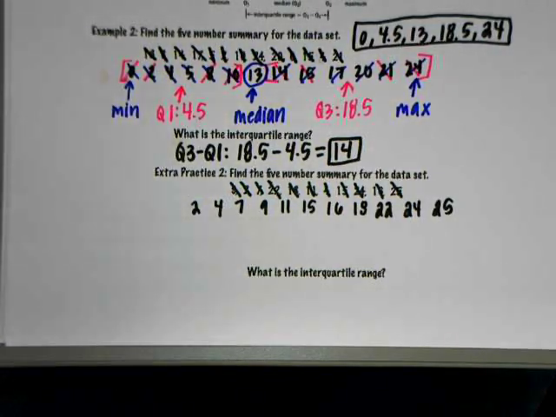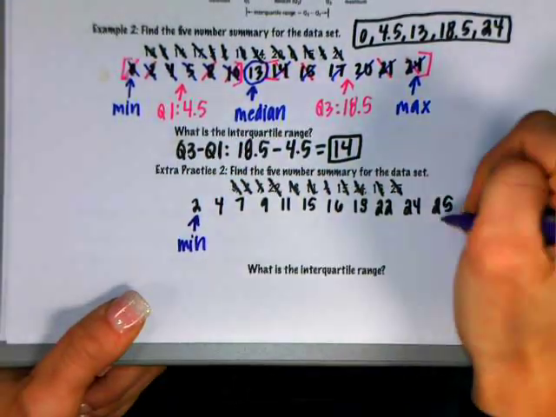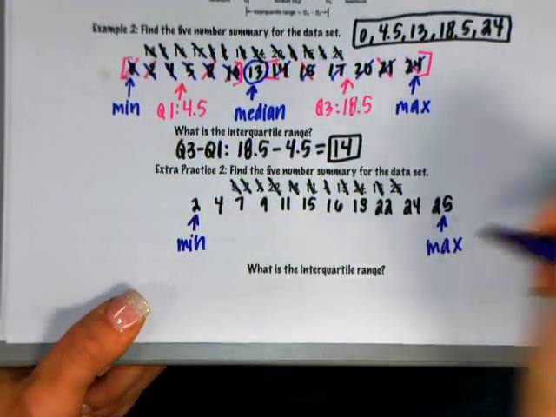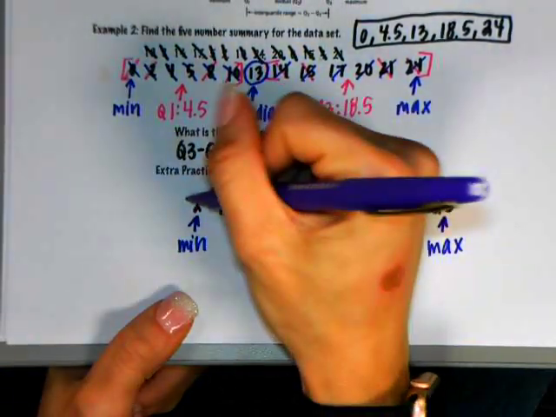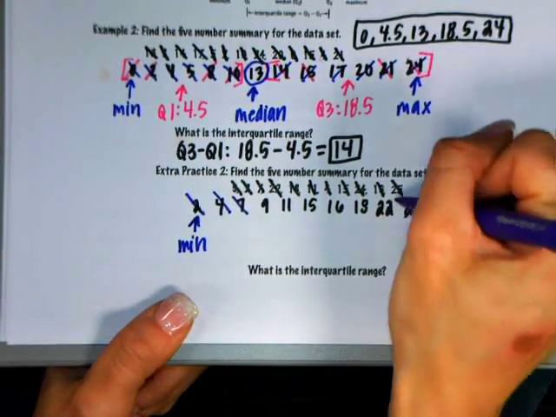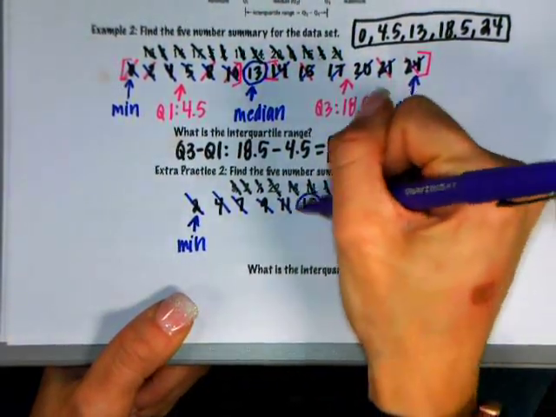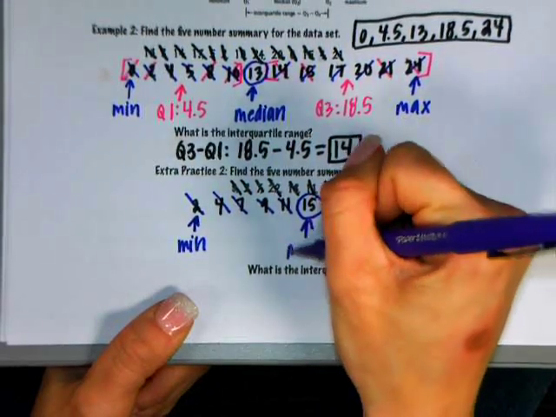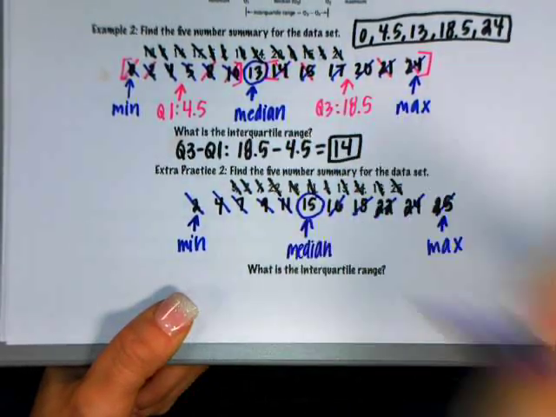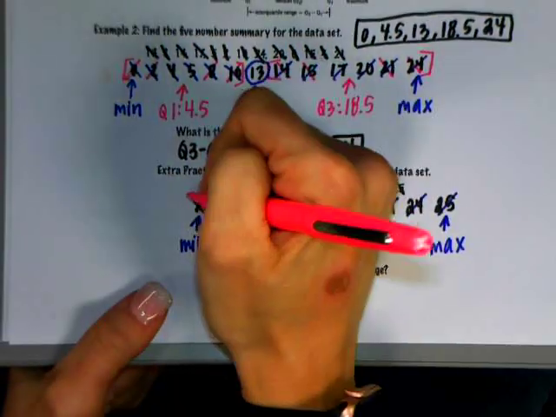Yeah, okay. So minimum is this one. Maximum is this one. All right, and then find the median. Okay, so you have 15. Okay, and then group the left side and the right side.